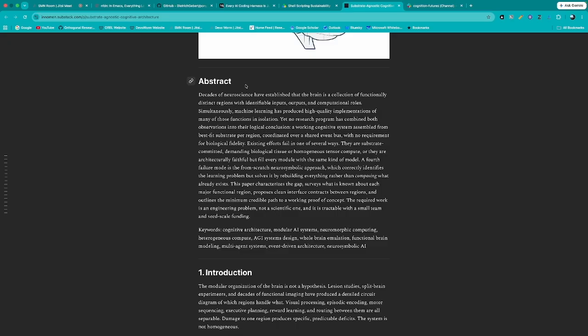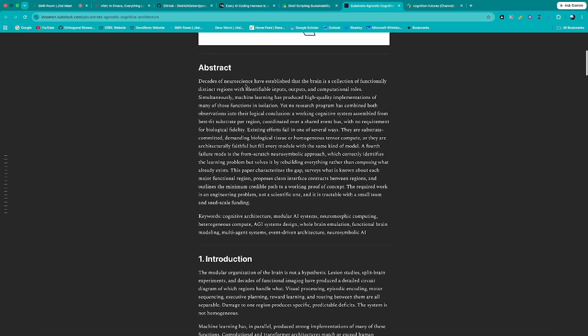More relevant to what we want to do with AI or modeling is to understand how they compute information, and there's a whole field of computational neuroscience that talks about that. Simultaneously, machine learning has produced high quality implementations of many of those functions in isolation. So it's just an approximation of some output behavior.